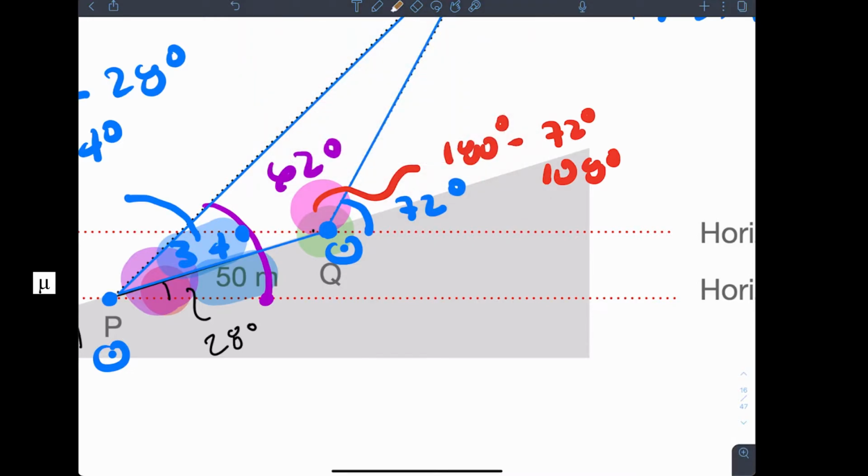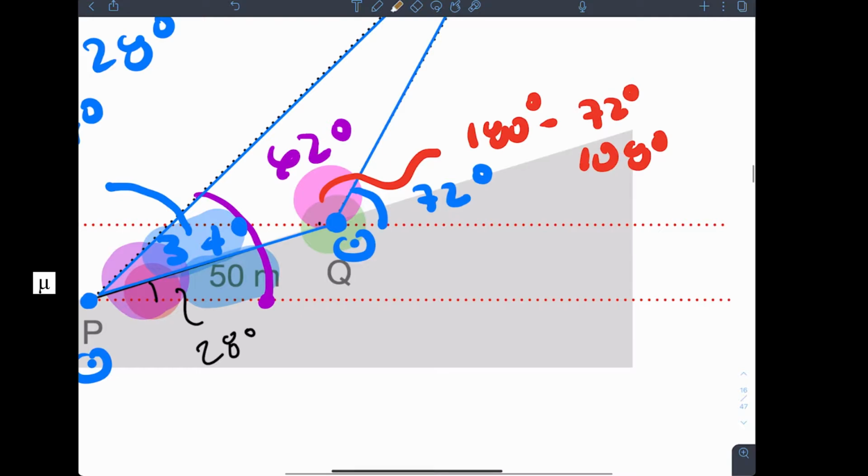This is 108. What is this whole angle here? Anyone want to tell me? It's 108 plus, okay, this is going to be right here. We're talking this whole angle now. We take that 108, and then we need this little angle here.